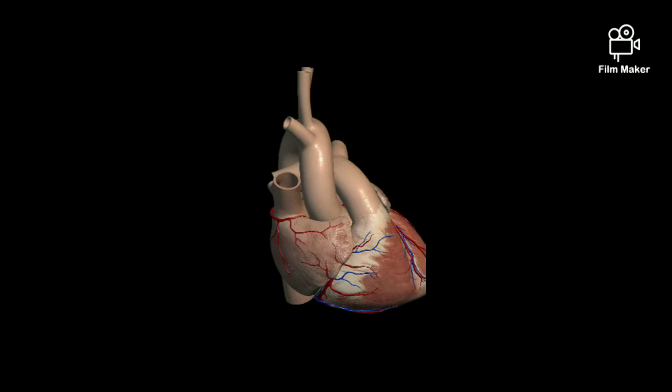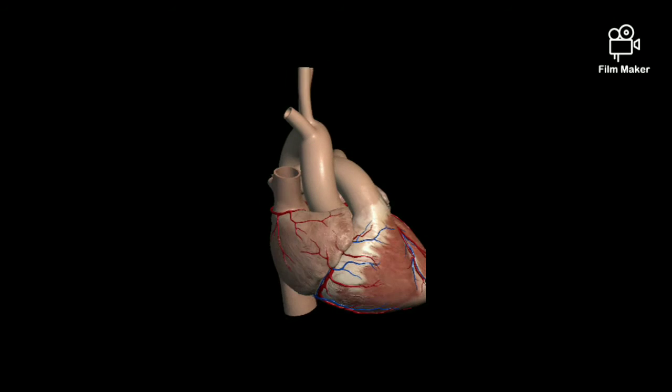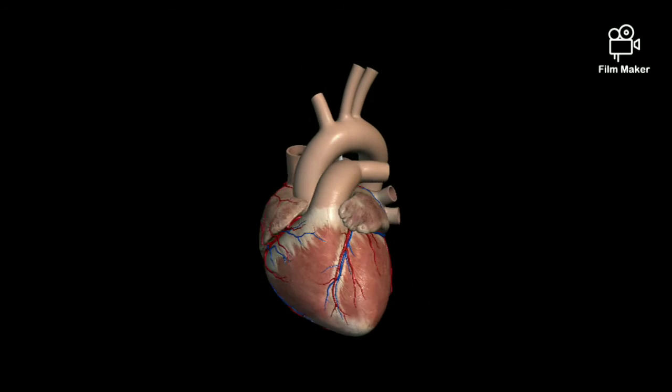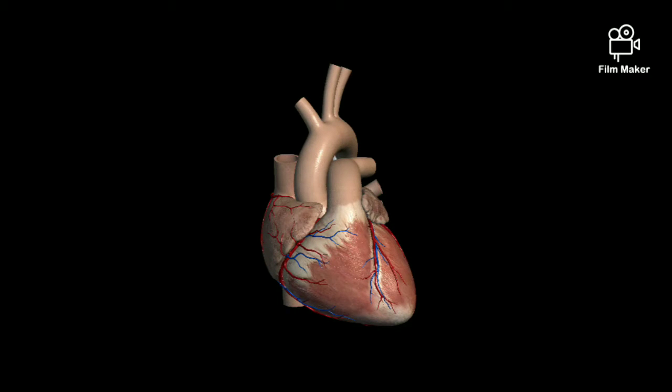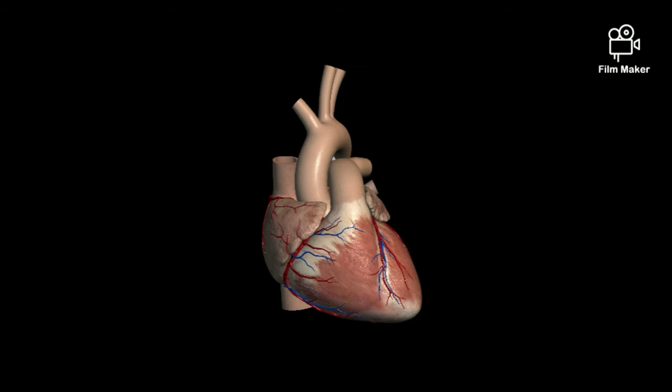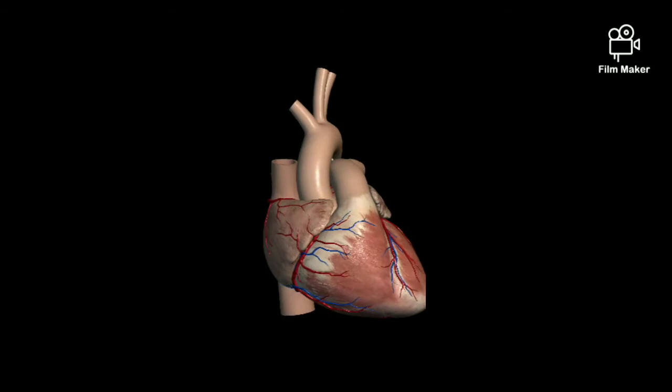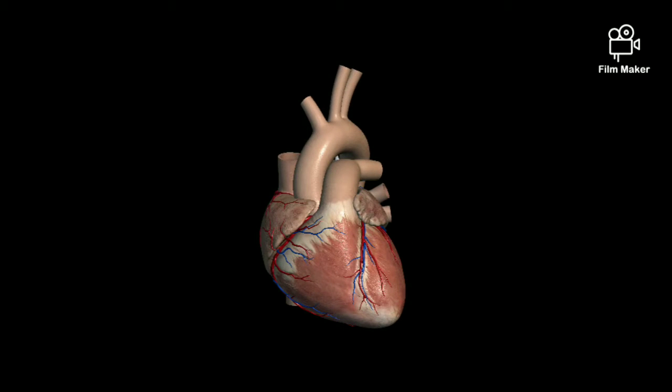Okay, these are sulci. The first is the coronary sulcus, or the atrioventricular groove. It runs transversely around the heart, representing the wall dividing the atria from the ventricles, and this sulcus contains important vessels such as the right coronary artery.